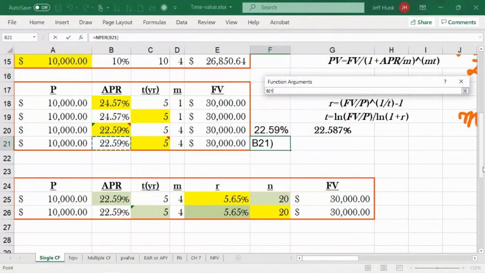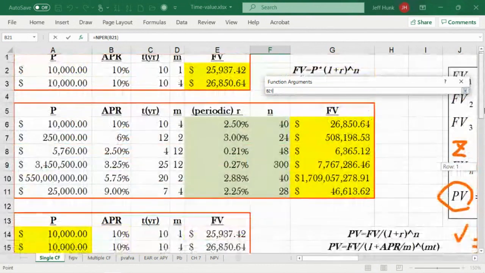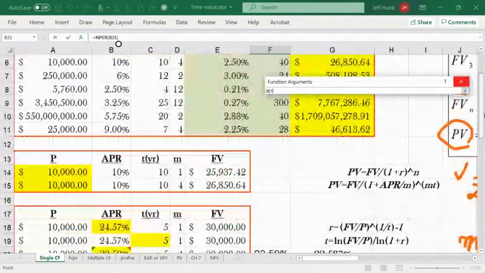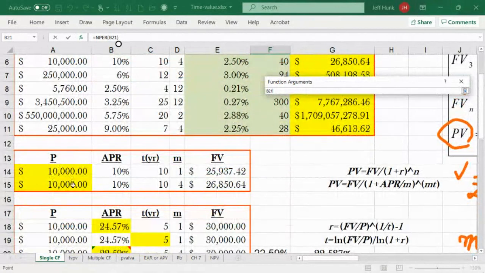Think about it. In all of these examples we've done so far, without any verbiage, we knew what the unknown was and what the question was asking for. In this case, all the other input data are given, but future value was missing, so it's asking for future value. In another example, everything else was given.